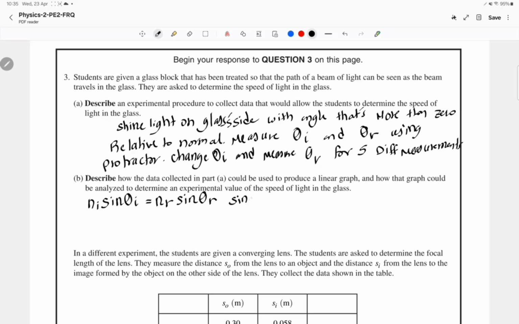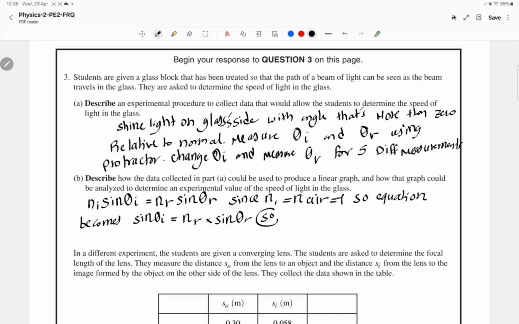Since n1 is the n of the air, it's equal to 1. So the equation becomes sine theta I is equal to n_r times sine theta r.